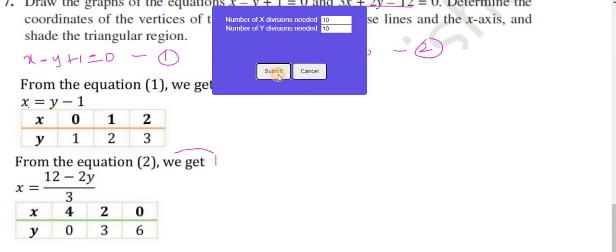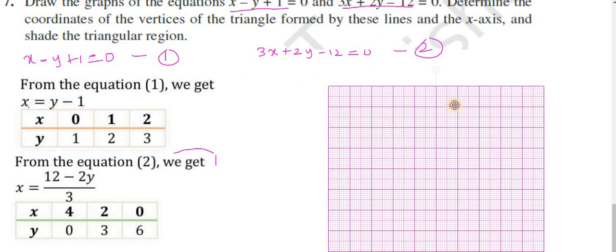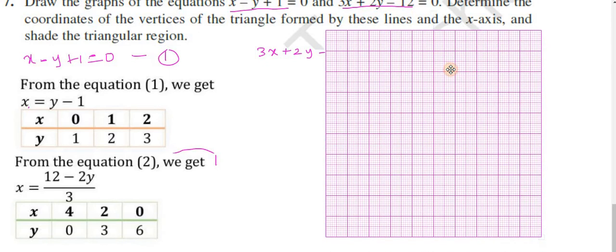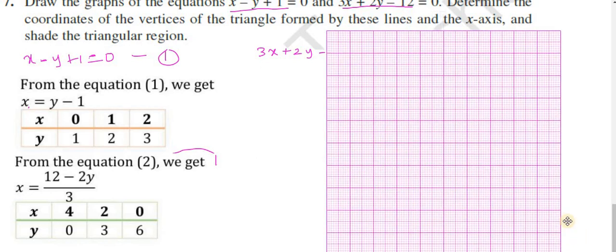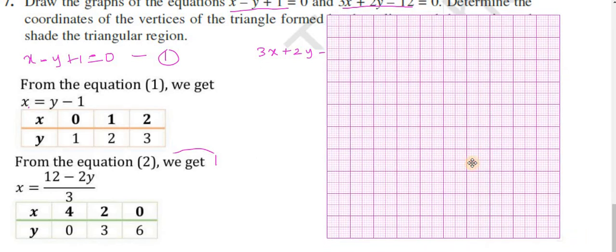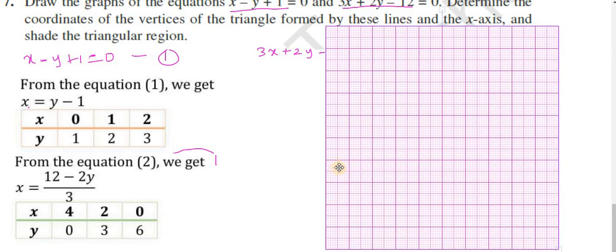I took a 10 cross 10 graph. Now we can first locate the points.